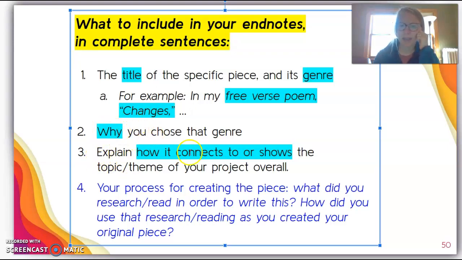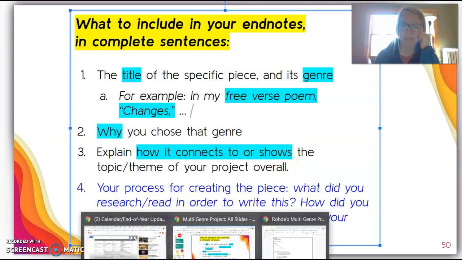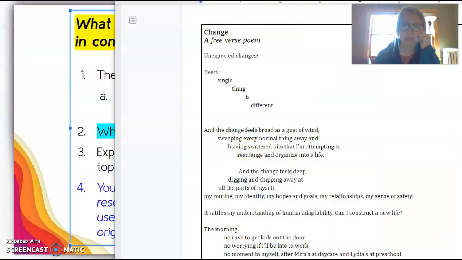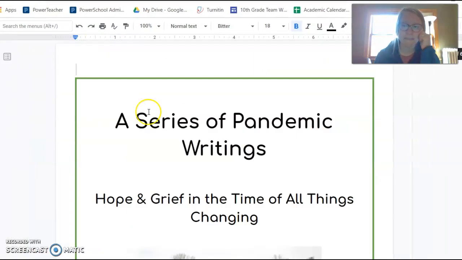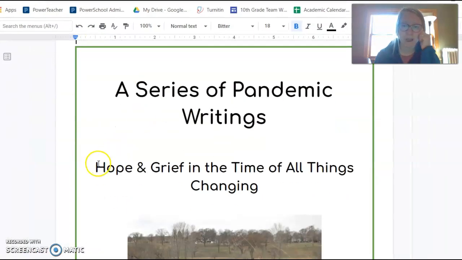Then I'm going to explain how it connects to or shows the topic or theme of my project overall. So the topic or theme of my project, which we can see in the title of it, is, here's my project, let me pull it in here, Hope and Grief in a Time of All Things Changing.